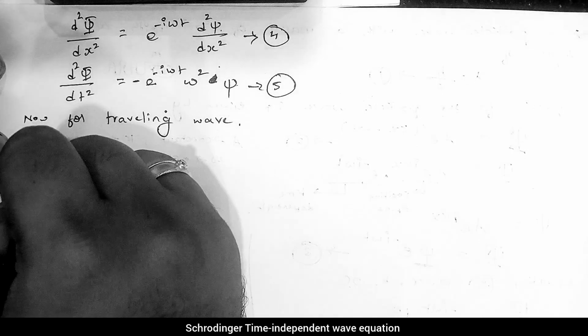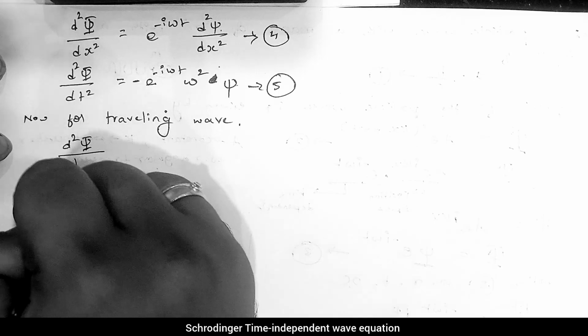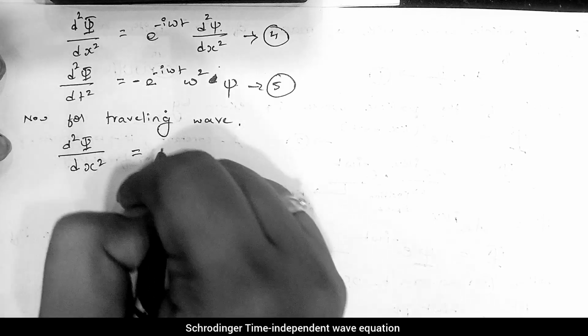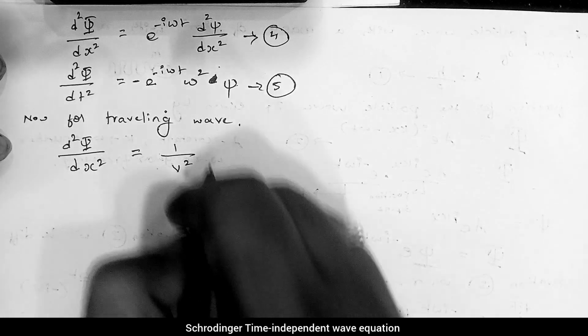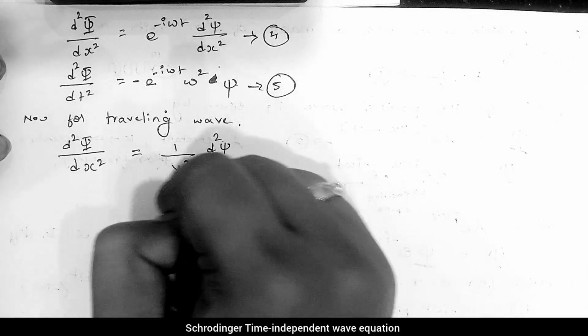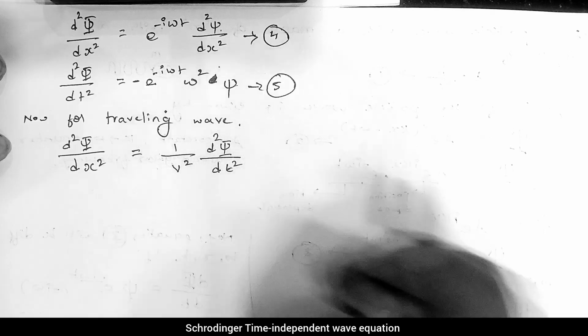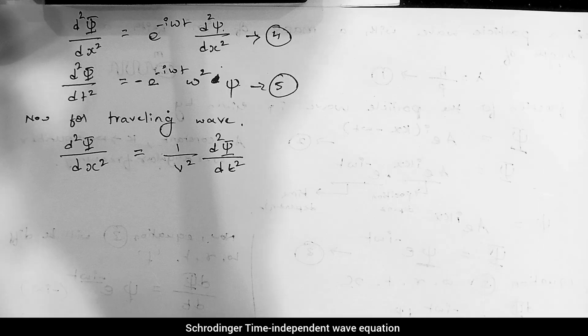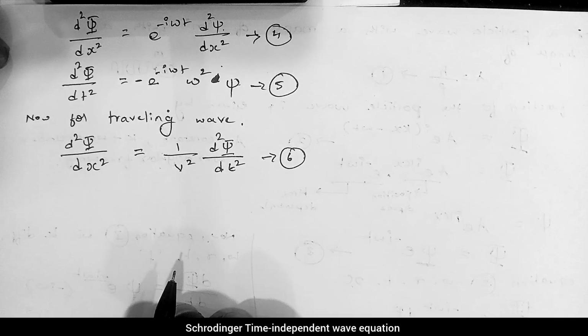The condition is d square psi divided by dx square is equal to 1 over velocity square into d square psi divided by dt square. Take it as equation number 6.